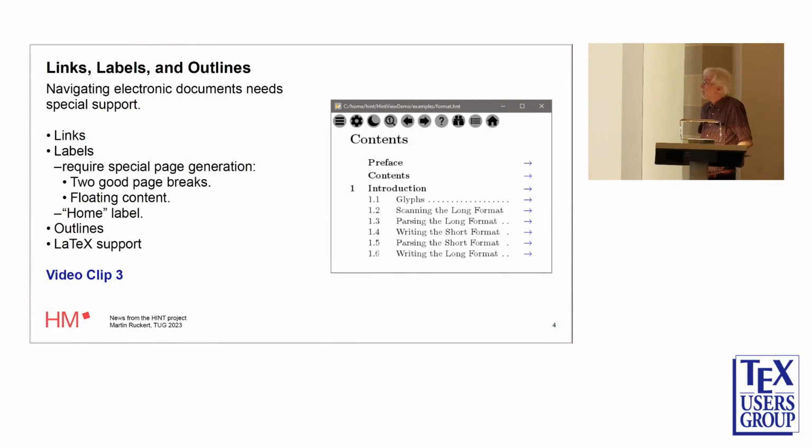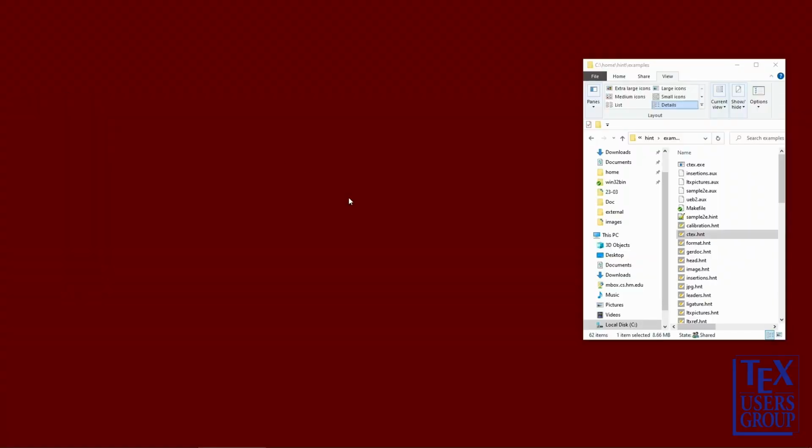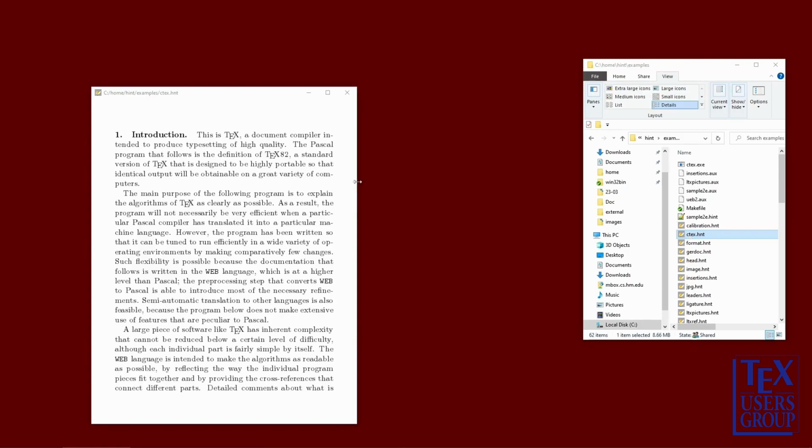We look first at the TUG program, Don and Knuth's TUG file, generated by CWeave, the current CWeave that generates links and labels. We look at paging and look at the home page. Well, here is the HiTeX file. I'll open it.